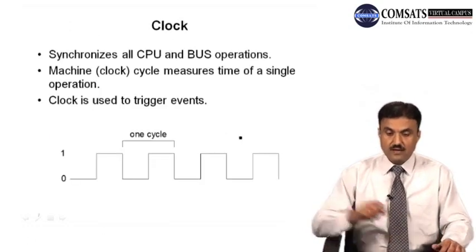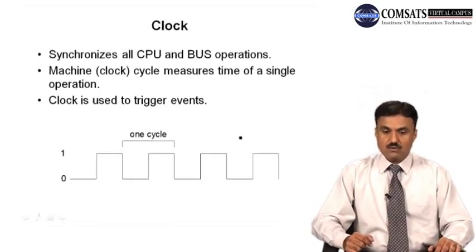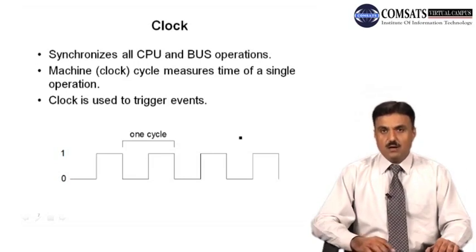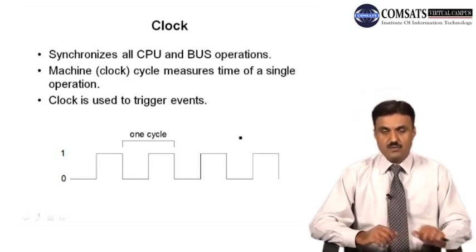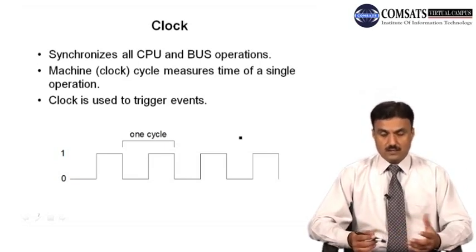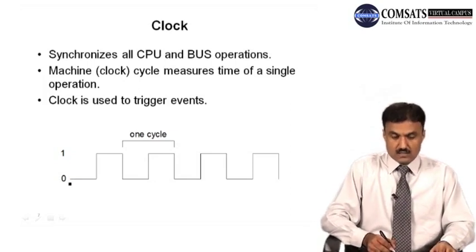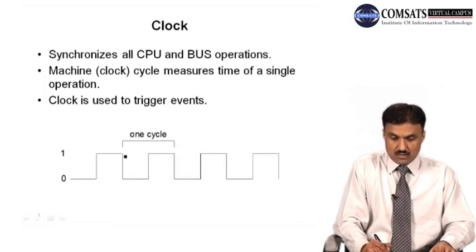Now the clock, as we know, synchronizes all CPU and bus operations, and all computer operations. The clock is nothing but a sequence of pulses. If we start from this point, this is called a complete cycle.